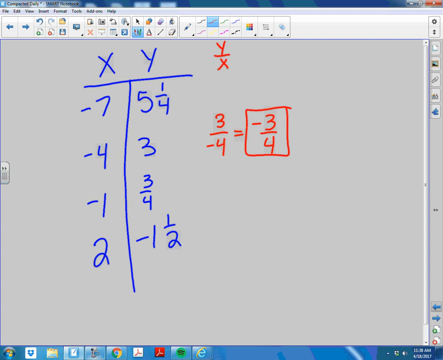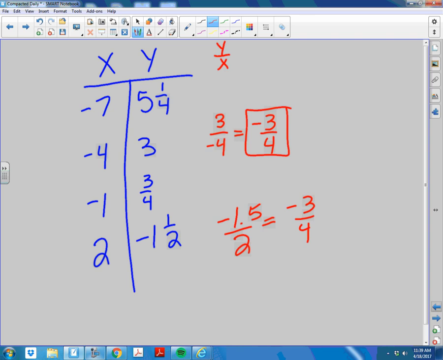Now, if you have, let's go down here. If you end up with negative 1.5 over 2, you double both, which gets rid of your decimal, and you end up with negative 3/4. Because it's sometimes difficult. I don't know of any kid that wants to necessarily do 1.5 divided by 2. You don't really have to.